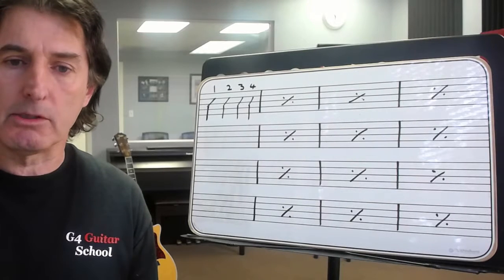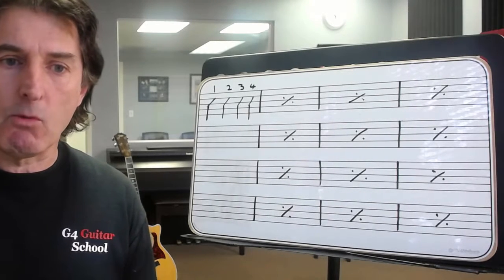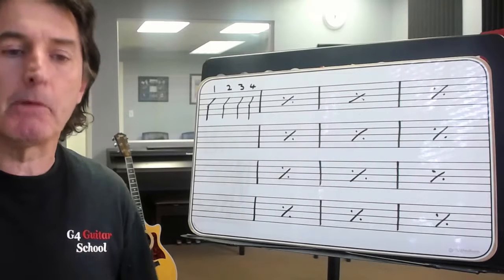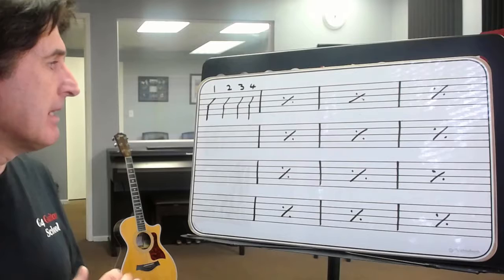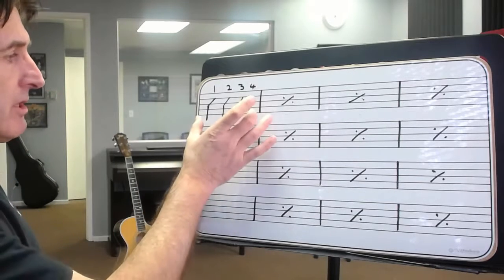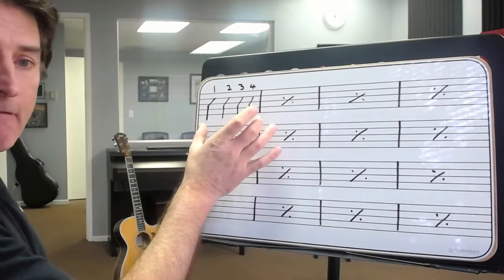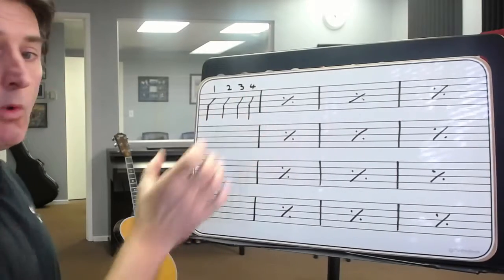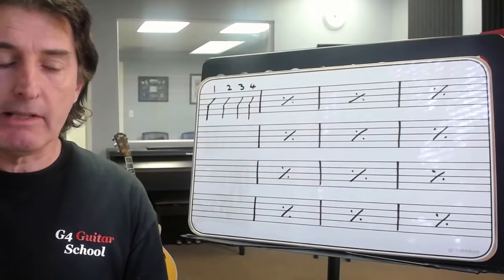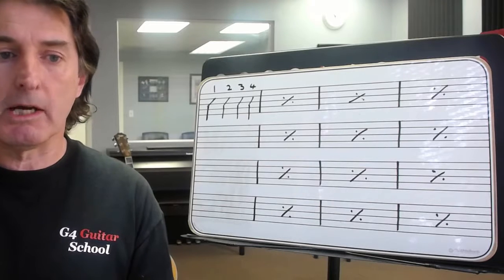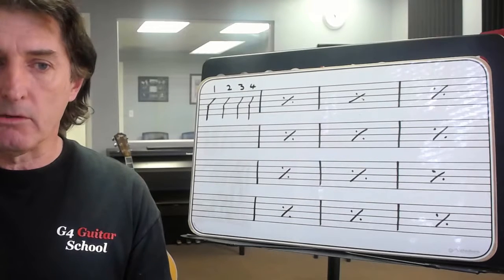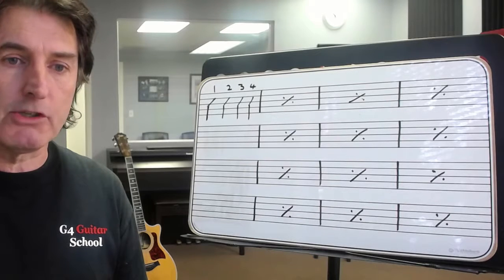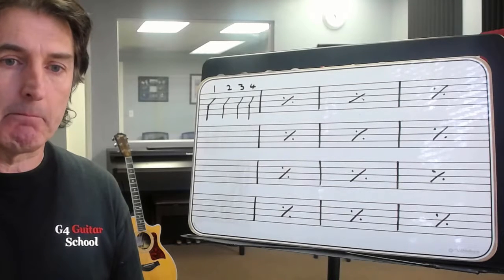A quarter note is where we strum or we play one time. Because these are quarter notes, we have 4 quarter notes, 1, 2, 3, 4, in one bar. So hopefully that explains where the name quarter note comes from. For a quarter note, we have 4 beats in one bar. 1, 2, 3, 4 make up one bar.